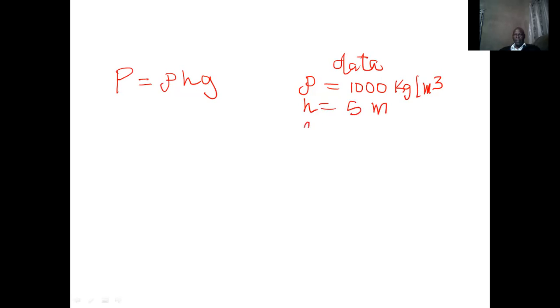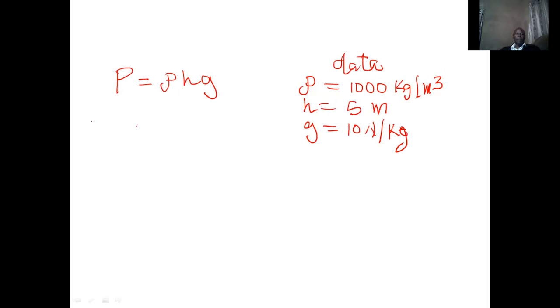And we are given here that the density, when we look at our data, is equal to 1,000 kilograms per cubic meter, and the height is 5 meters, and the gravitational field strength is equal to 10 newtons per kg.